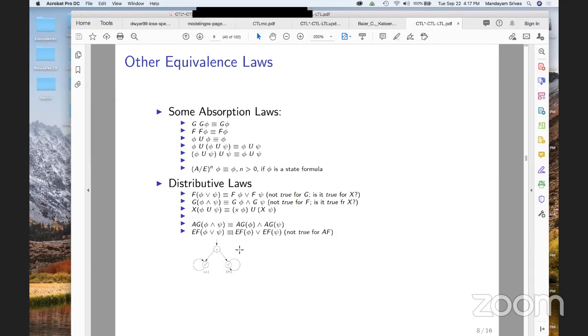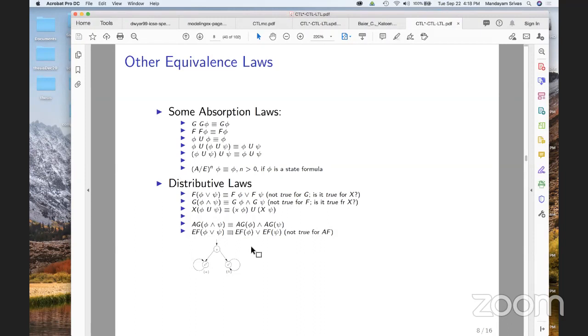It's kind of a similar thing in here. If you had E, this is true of a state if it eventually has phi or psi. But if you replace it with A, then it is not the case.